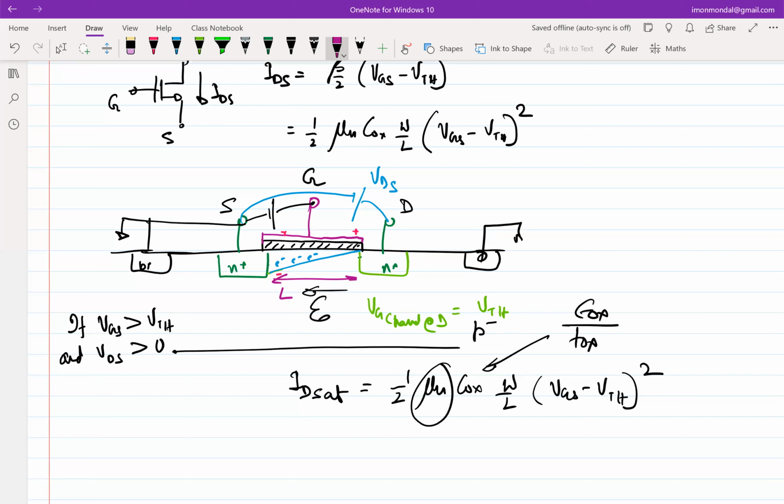What about W? The W is not evident from this diagram. To see the W, you'll have to see the lateral side of it.